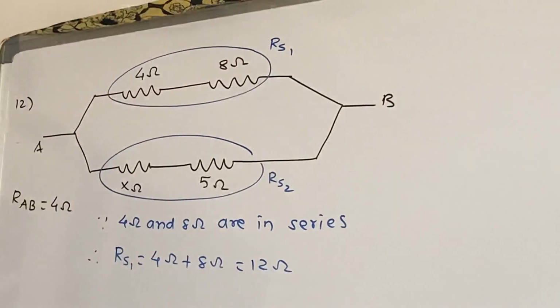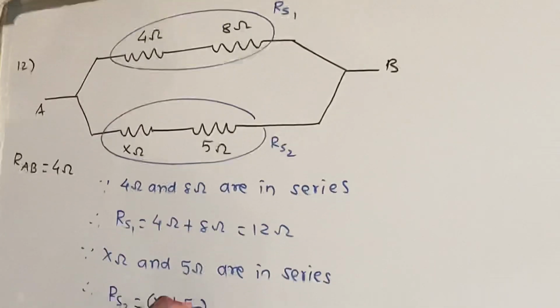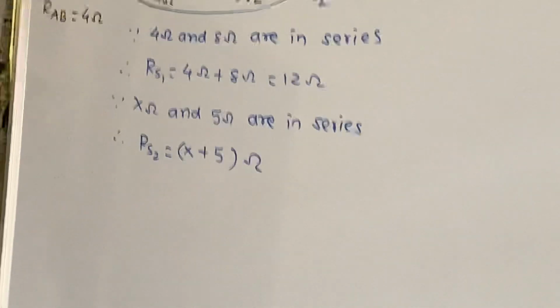Now since your X ohm and 5 ohm are in series, therefore RS2 is equal to X plus 5 ohm.